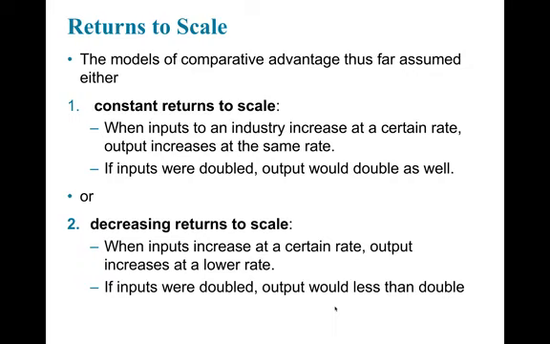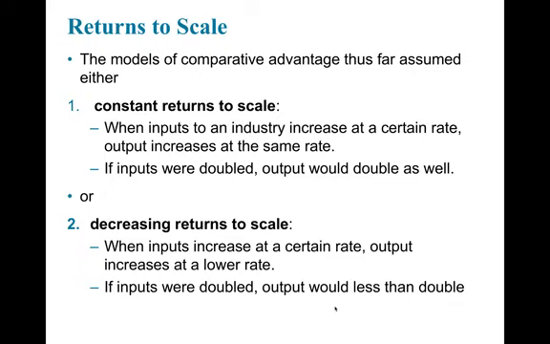Remember, in the Ricardian model, there were constant unit labor requirements, and how much you produce would depend on the amount of labor available. Double labor in the model, and you would be able to double output.